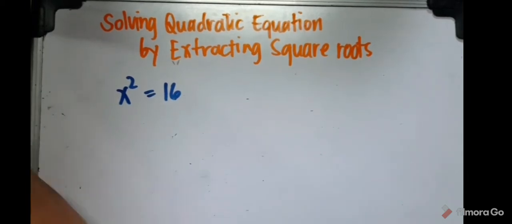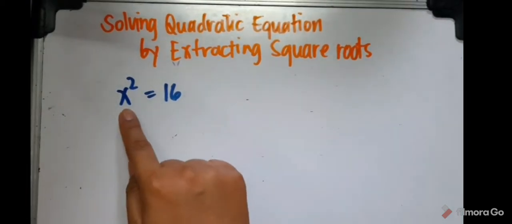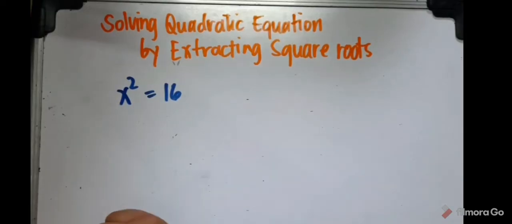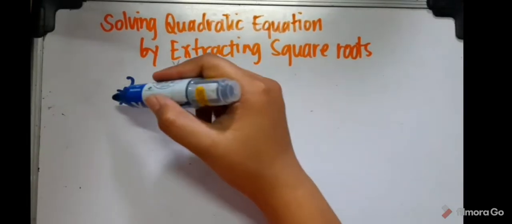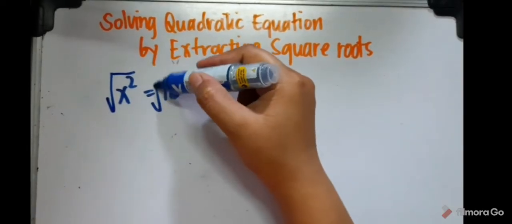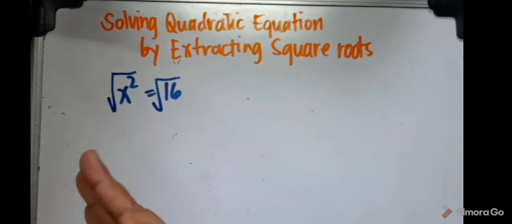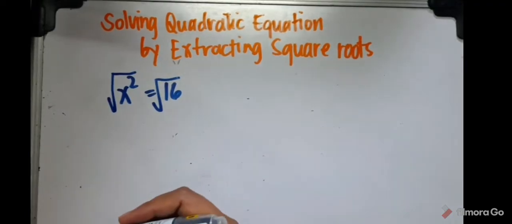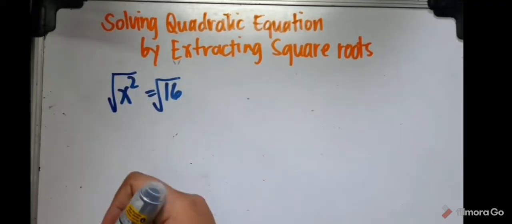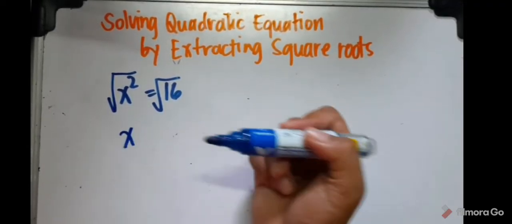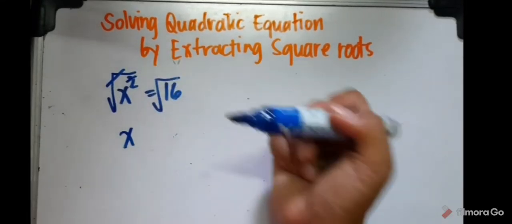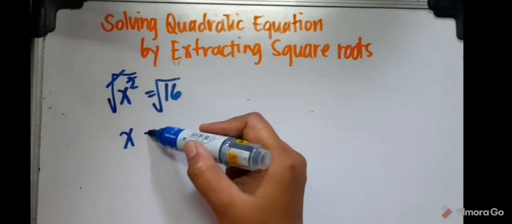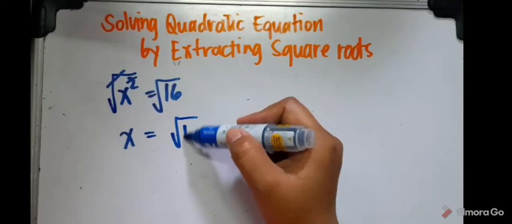Of course, we first remove the square on the left-hand side of the equation by putting a radical sign on both sides of the equation. So the square root of x squared is equal to x, and then we now have the square root of 16.